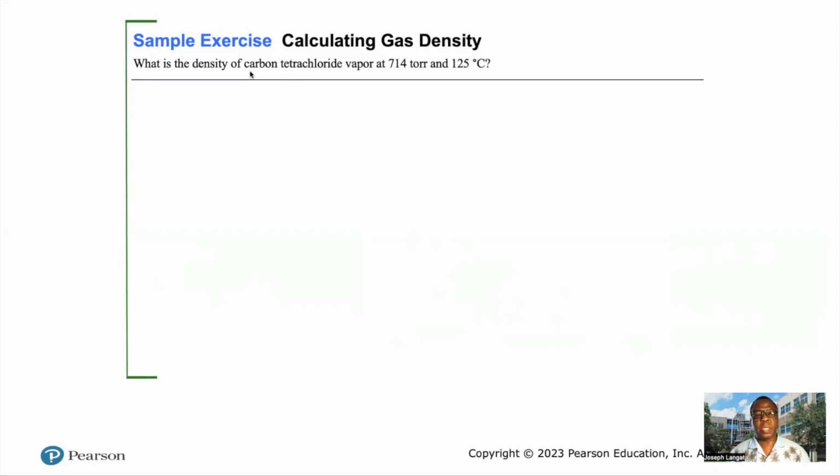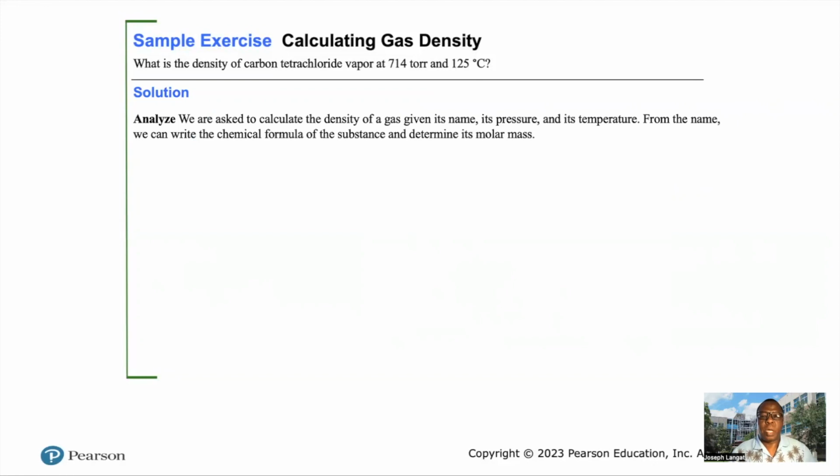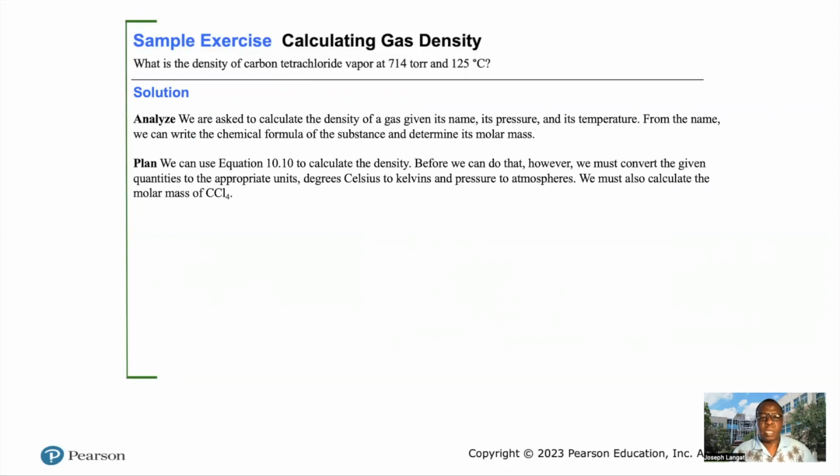You should be able to write the correct formula for this so that you use the periodic table to find the molar mass. Carbon tetrachloride is CCl4.